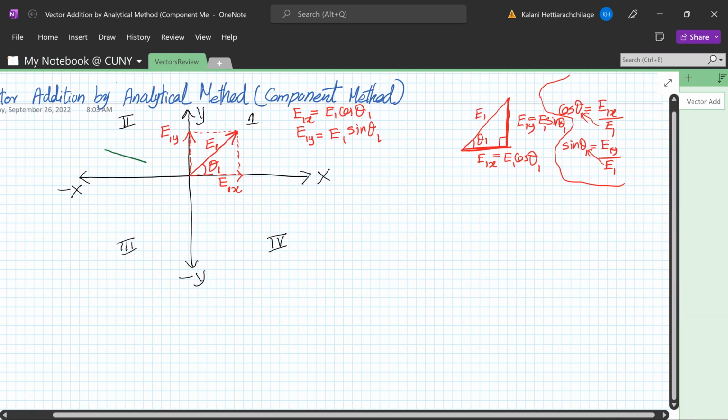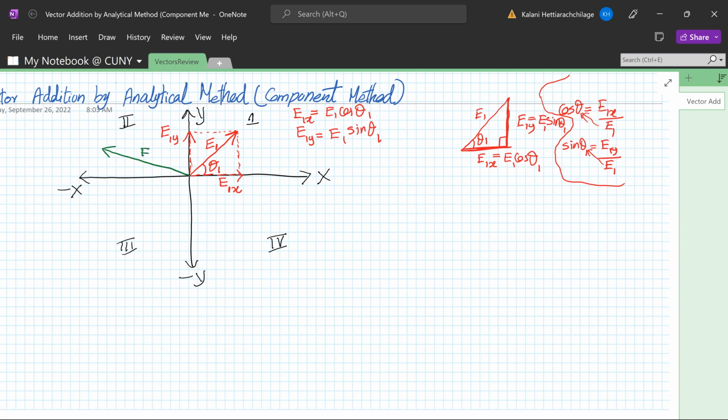Say I have a vector in the second quadrant, E2. As soon as I draw the vector, I need to complete my parallelogram. That's for understanding. This length I have here is E2x, and this length, the opposite of that one, will be E2y, right?